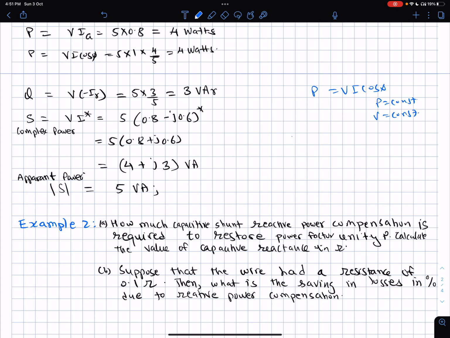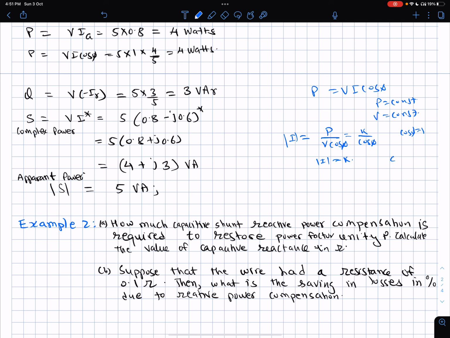We get that the current I is going to be equal to P by V cos phi, which can be written as a constant K divided by cos phi, this is of course the magnitude of current. So what it means is that suppose cos phi is 1, at that time the value of current is going to be equal to K.